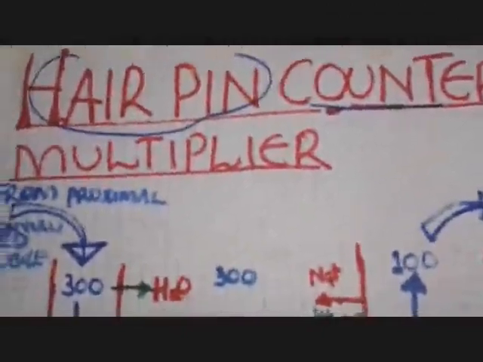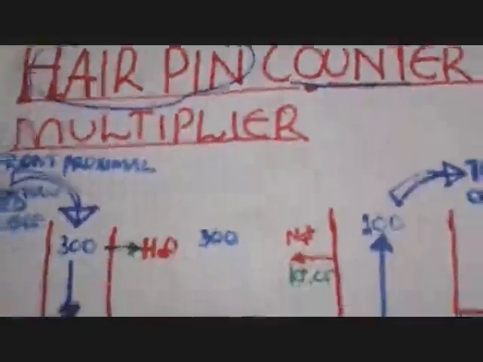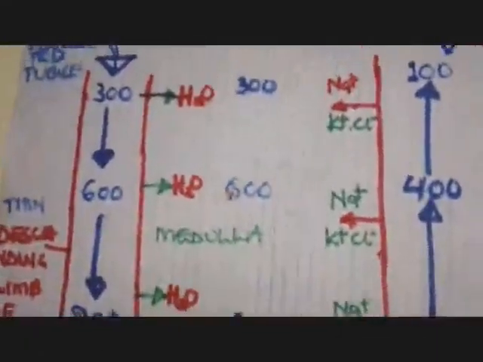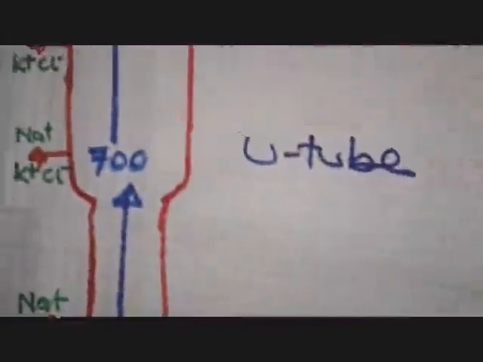We are going to begin by studying this structure properly. Now, members, what I've drawn here we are calling the loop of Henle. The loop of Henle, remember, is a U-tube. Don't forget.